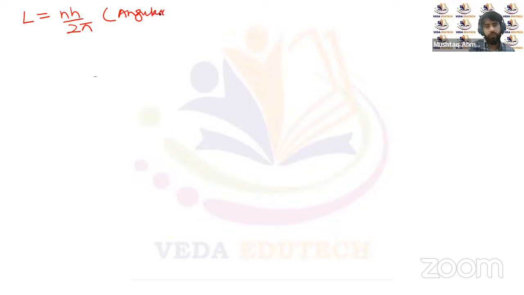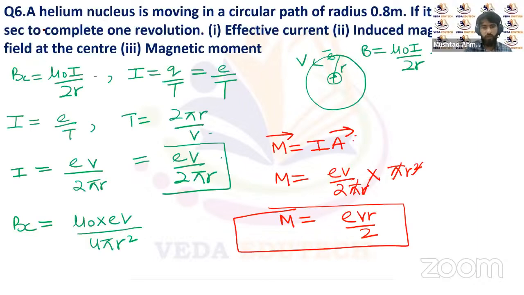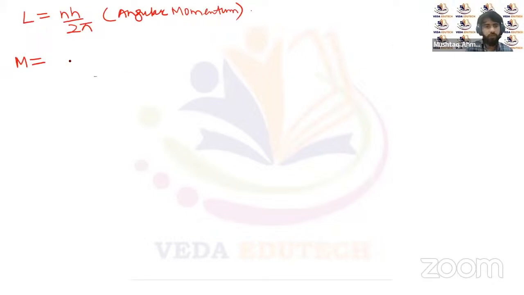Bohr's model says that the angular momentum of an electron is quantized. Only integral values of h upon 2 pi are possible for angular momentum. So L is the quantized angular momentum. And the magnetic moment we found came out to be evr upon 2.